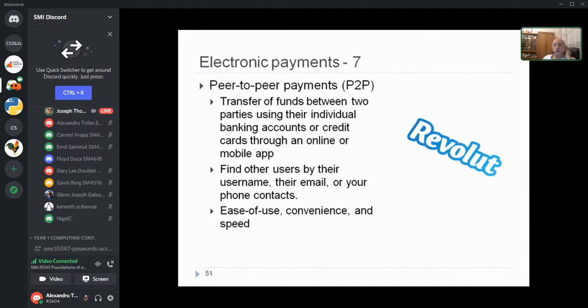Peer-to-peer payments, a good example here is Revolut. You transfer funds between two parties using their individual banking accounts, right? Through an online or mobile app. And you can find other users using their username, their email address, phone contacts, things like that. Very easy to use, very convenient.